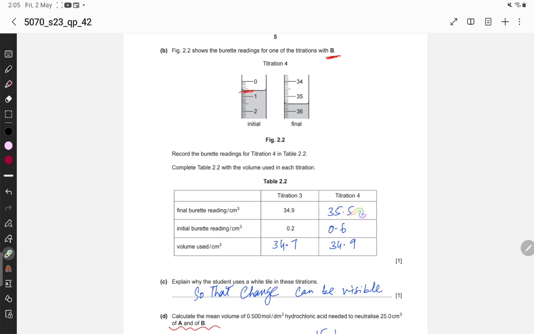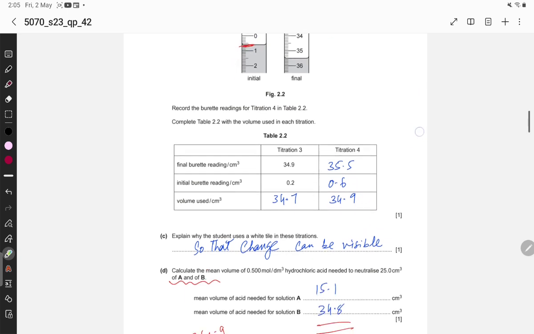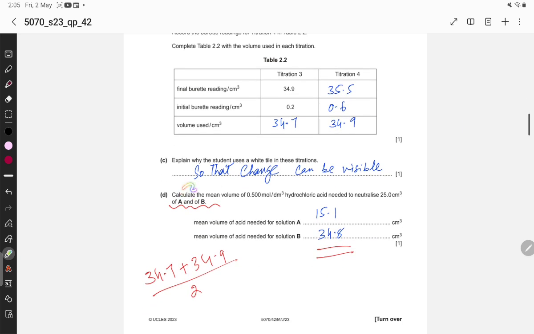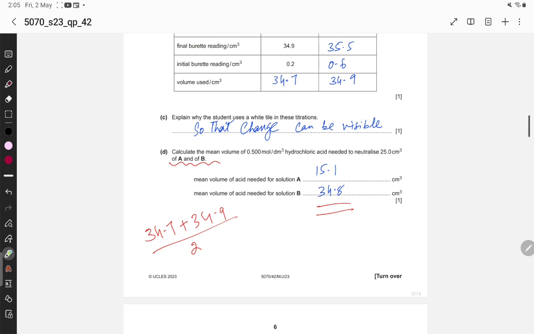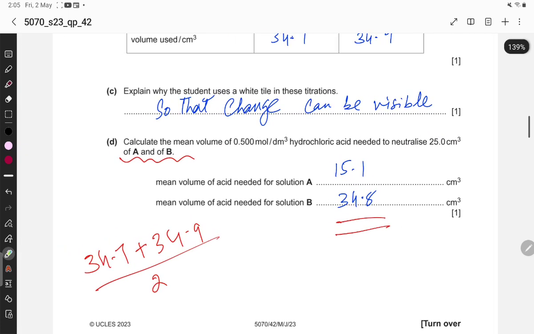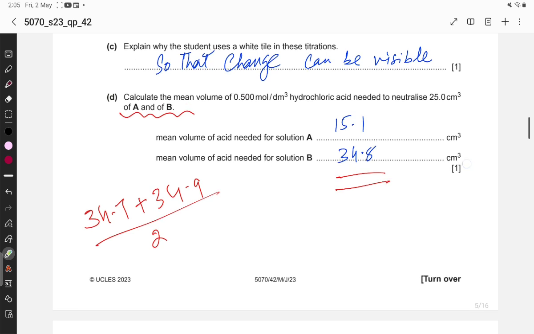The final reading of titration 4 is 35.5, and the initial reading is 0.6. This is from 0 to 6, 0.6. By subtracting the initial volume from the final volume, we get 34.9. Explain why the student uses a white tile in these titrations: so that the color change can be visible. Okay, so the color change can be visible when we use a white tile under the conical flask.